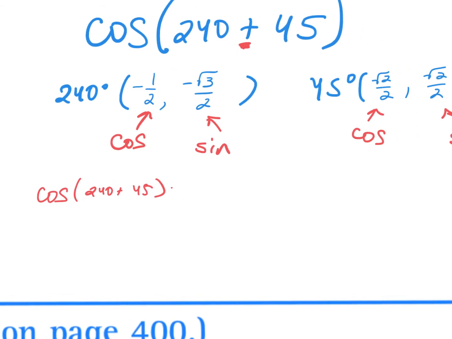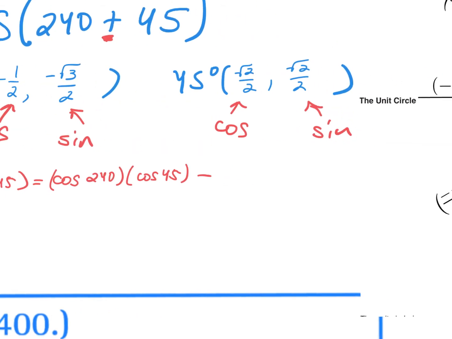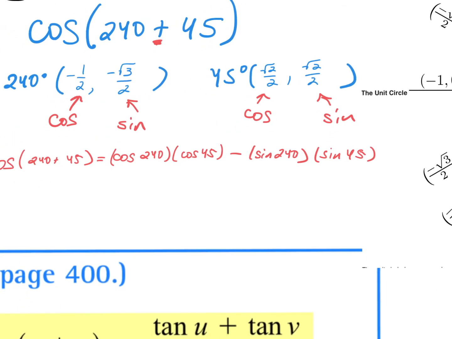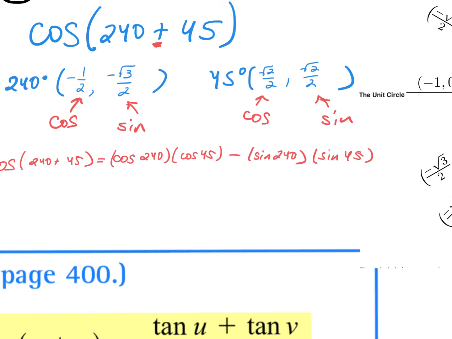The formula is cosine of 240 times the cosine of 45 minus, it's the opposite of whatever you're doing, sine 240 times the sine of 45. Now, this problem is a lot harder if I don't give you the formulas or the unit circle, but I'm giving you guys both. So you should not make silly mistakes here.